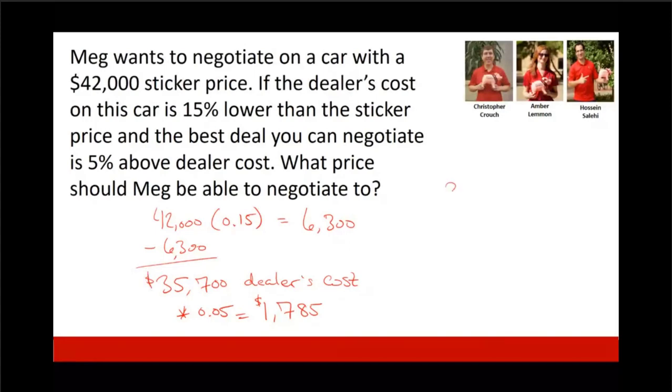So if we add that number back in, 35,700 plus 1,785 gets us to 37,485. It's simple, right? So if you see a problem like this, they're pretty straightforward. Just kind of think it through. Remember, think logic and then apply content, right?